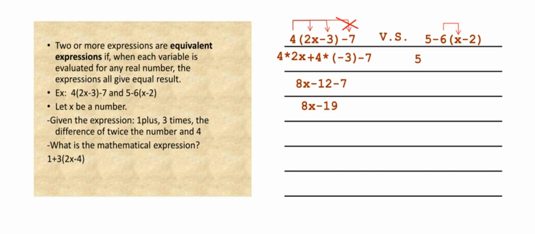In this case, distribution of negative 6 times x will give us negative 6x. And negative 6 times negative 2 will give us, let's simplify this. So we have 5 minus 6x plus, and then 6 times 2 will give us 12. A negative times a negative is a positive. So we have 5 minus 6x plus 12.